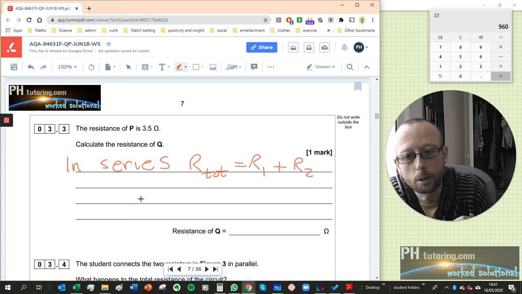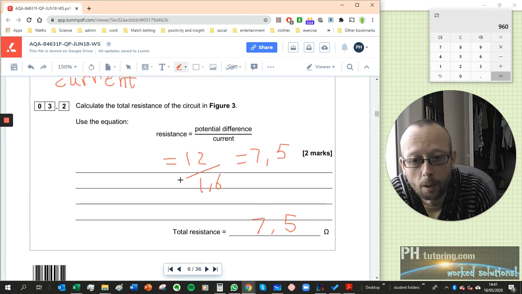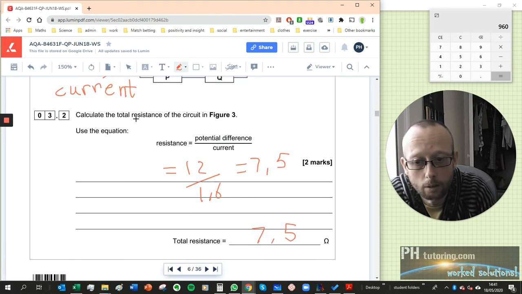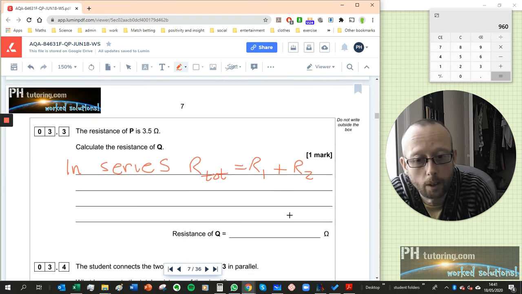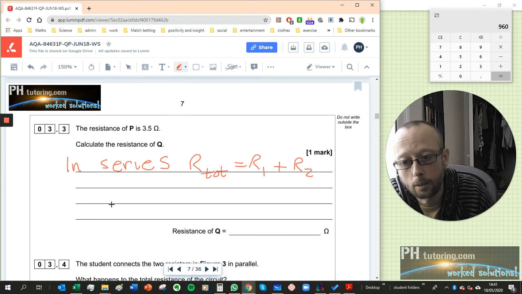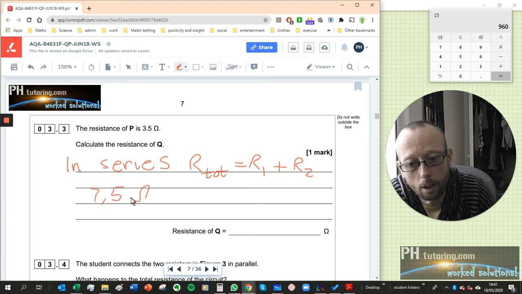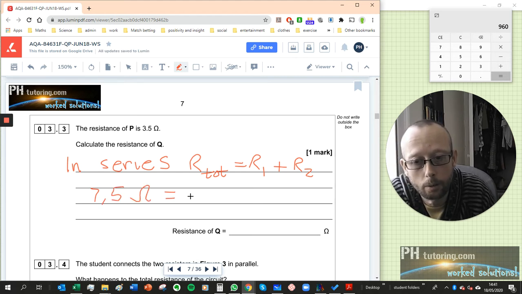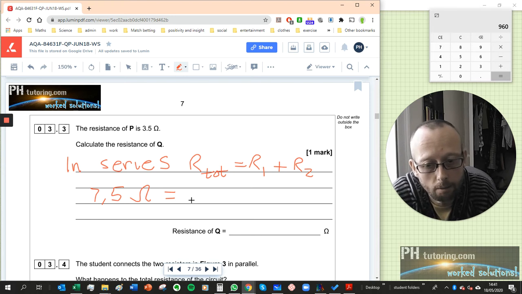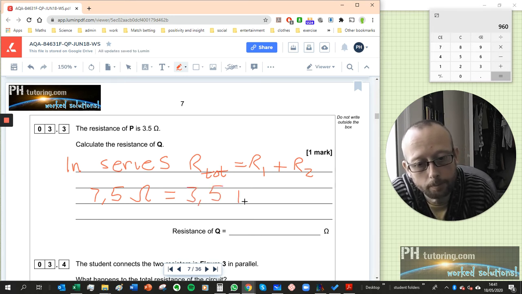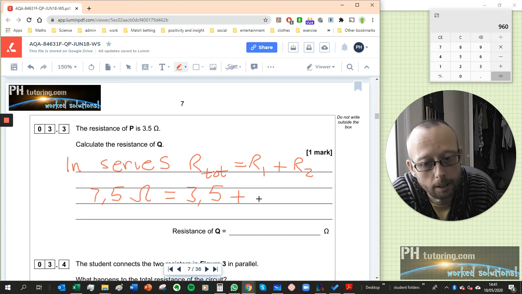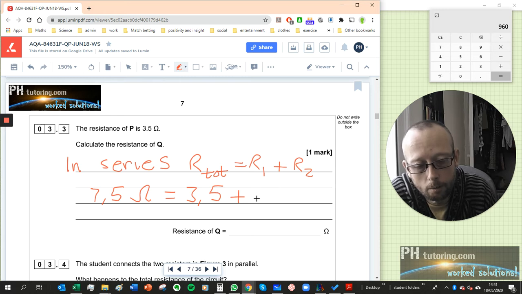So R total, which we worked out, is 7.5 ohms. So 7.5 ohms is equal to, well, one of the resistances is 3.5 plus this other resistor, which I've called R2. We can just write Q if we like.